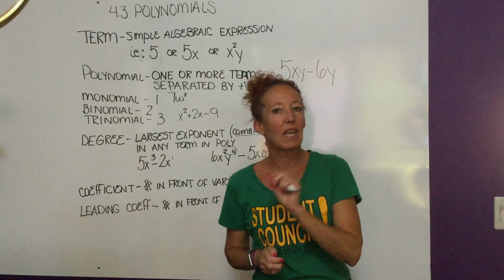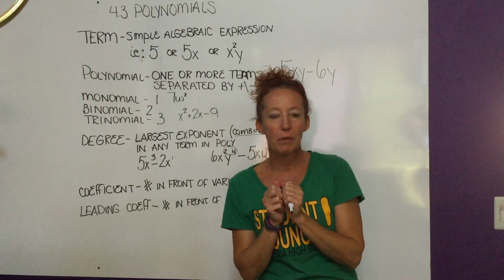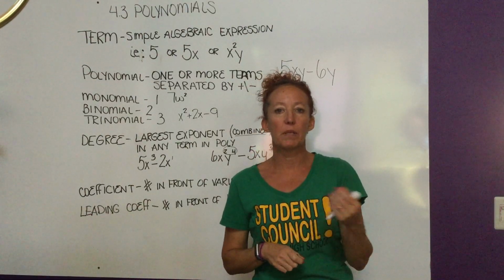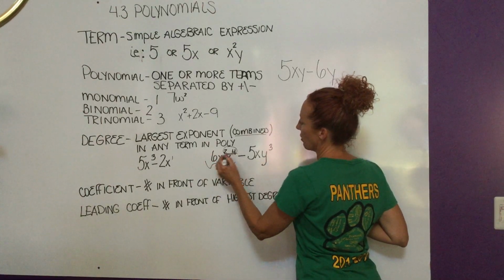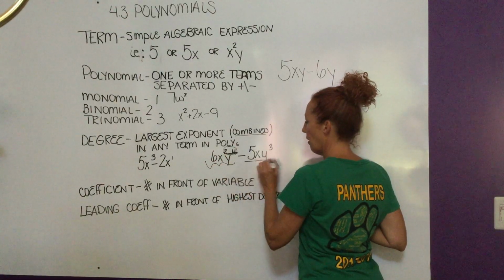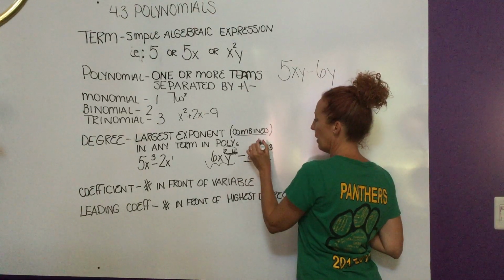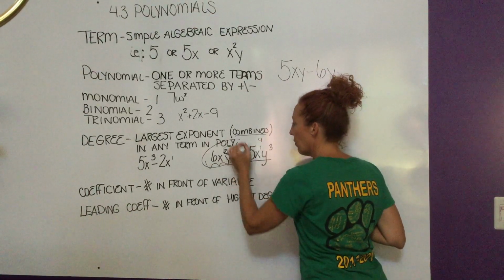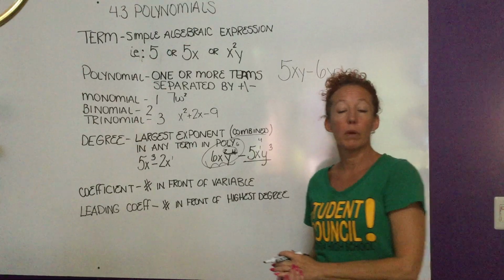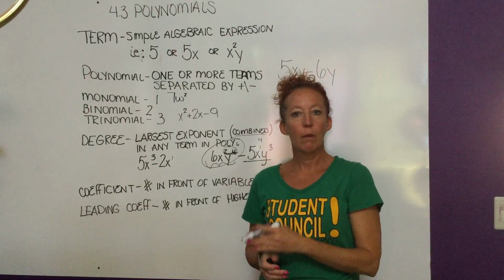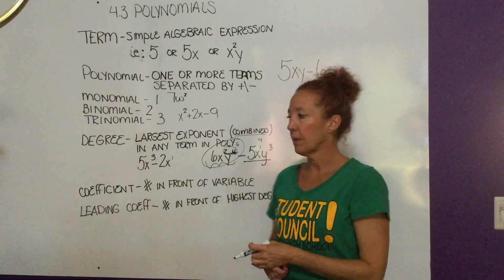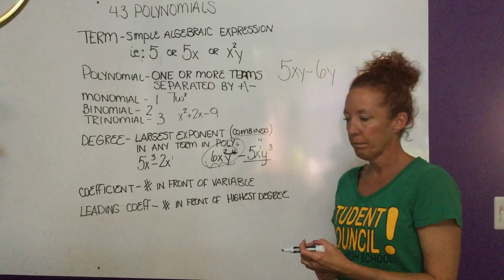Even though you know that we can't add them using our exponent rules, we add them for the purpose of the degree. So this right here has a degree of 6. This term has a degree of 4. So the polynomial as a whole, we would say it is a 6th degree polynomial. We would add those only for the purpose of stating the degree.